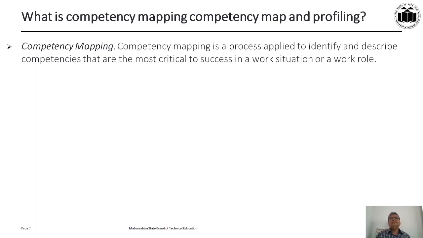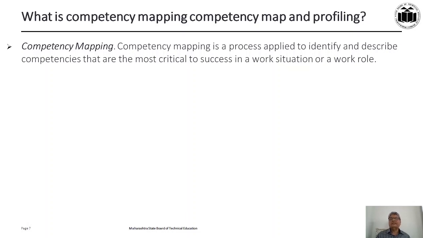Now, what is competency mapping, competency map and profiling? Competency mapping is a process applied to identify and describe competencies that are the most critical to success in a work situation or a work role. So it is a process of identifying and describing the competencies which are most critical for that particular job or situation.